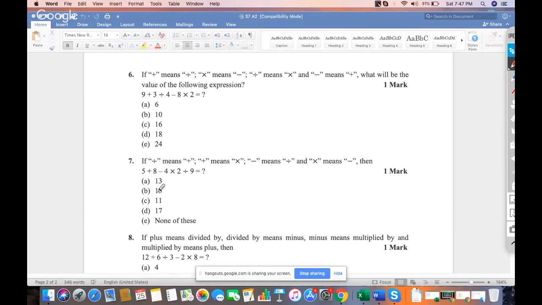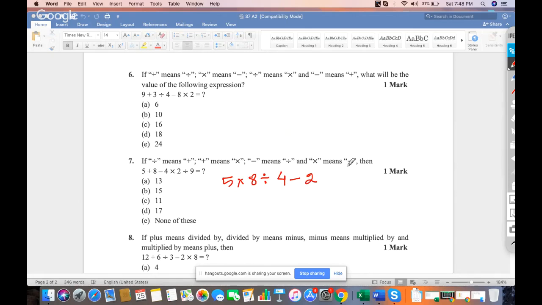Then question number 7. Plus means multiplication, so 5 into 8. Negative means division, so 8 divided by 4. Multiplication means minus, 4 minus 2.